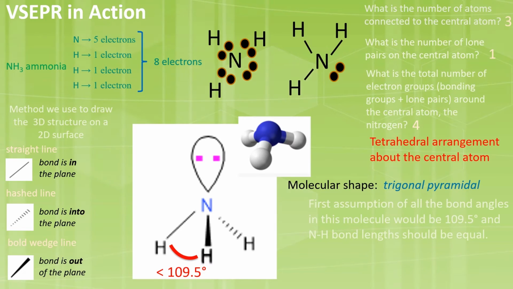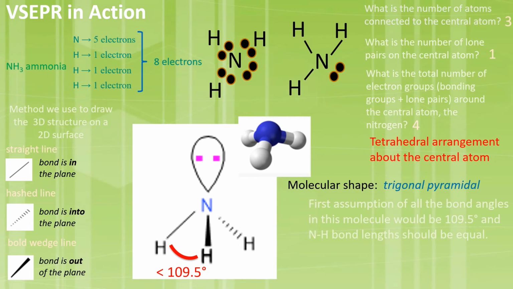But one of the key abilities of VSEPR theory is that we can refine the geometry a bit. We know that the electron repulsion due to the lone pair of electrons on top of the nitrogen atom is stronger than the bonding groups, so it takes up more space, pushing the hydrogen atoms together somewhat. So we can assume that the hydrogen-nitrogen-hydrogen bond angles are probably slightly smaller than 109.5 degrees.